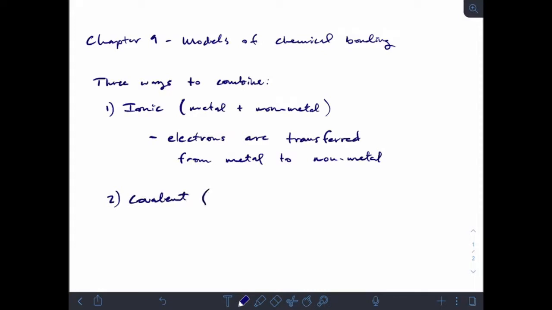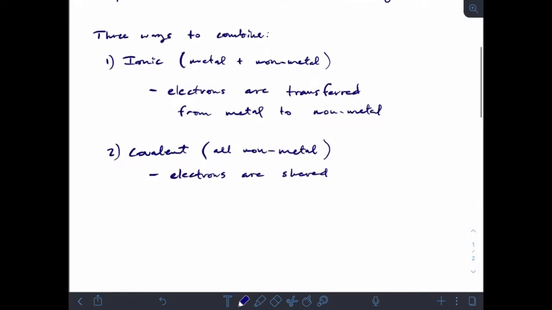With covalent bonding, we're dealing with all nonmetals, and its characteristic is that electrons are shared, as opposed to transferred.